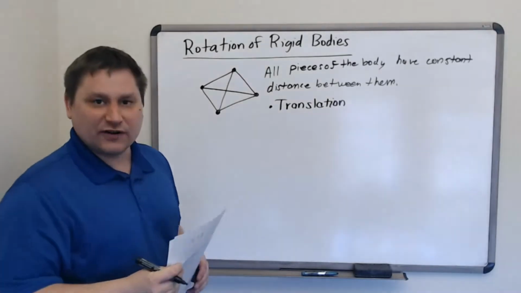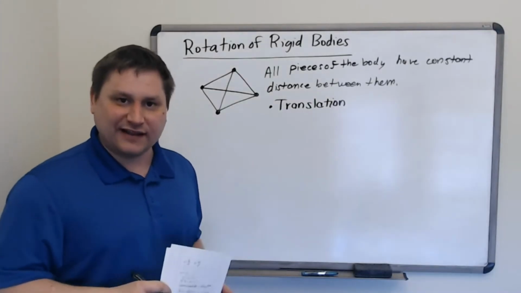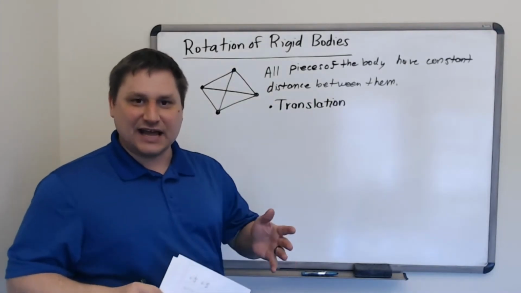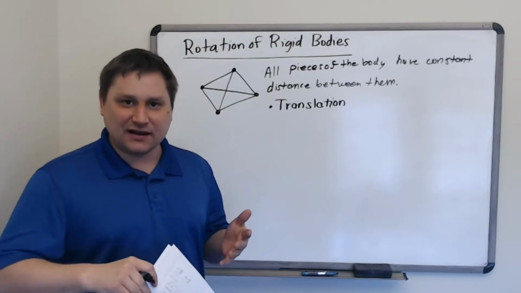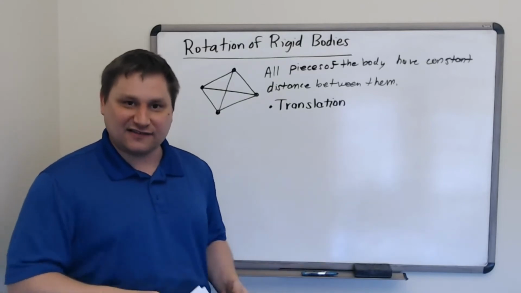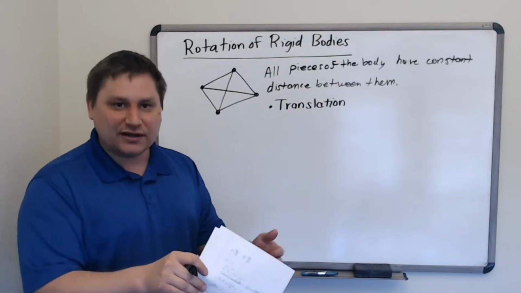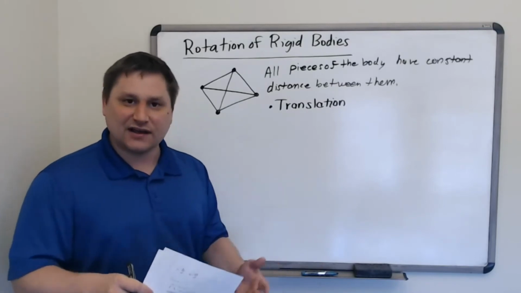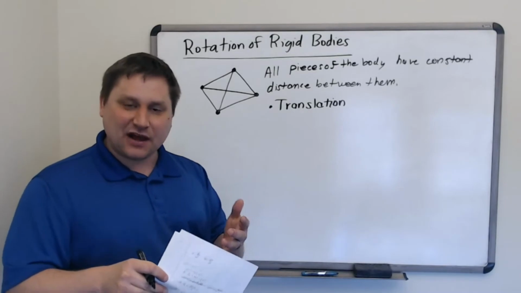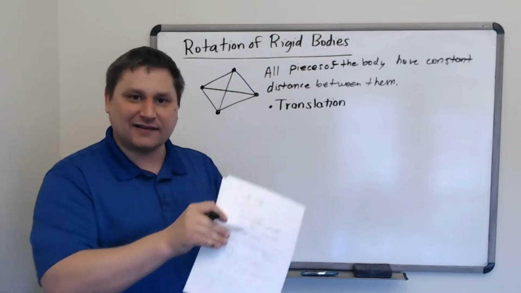The first way a rigid body can move is called translation. This is the technical name for the type of motion we've been discussing all along in the class. You know, we have a block of wood, we've got a cart with wheels. All of the pieces of that object move with the same velocity.